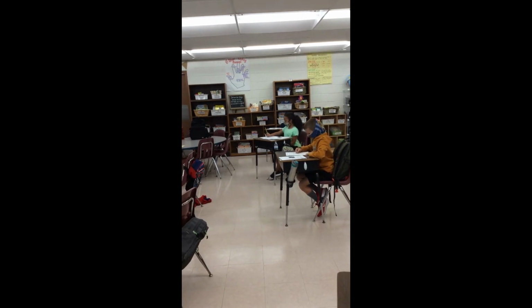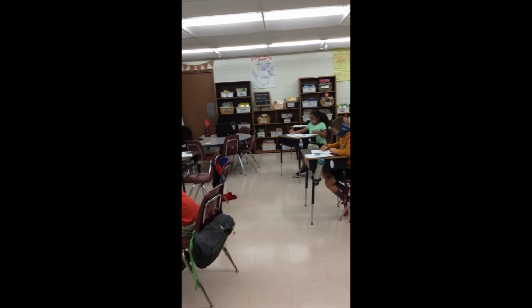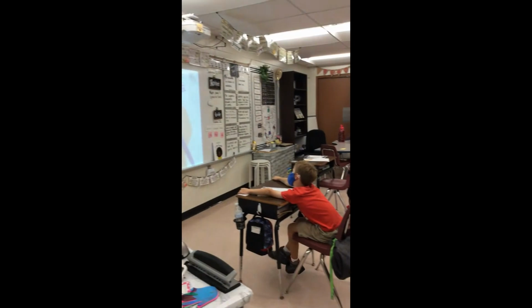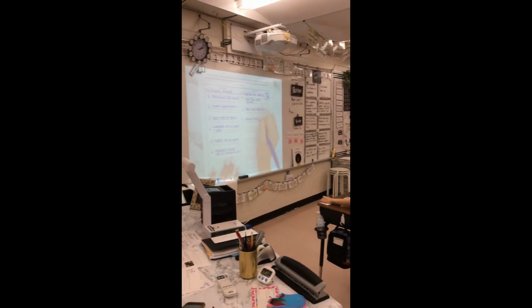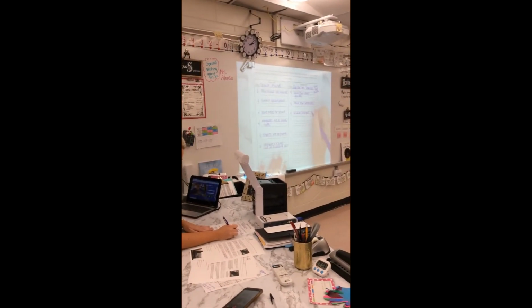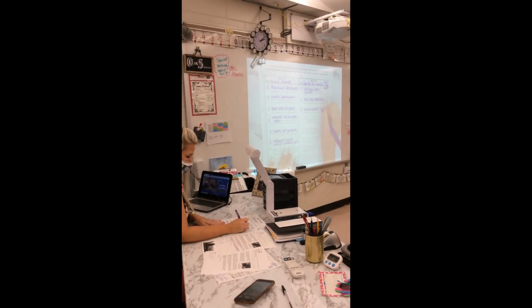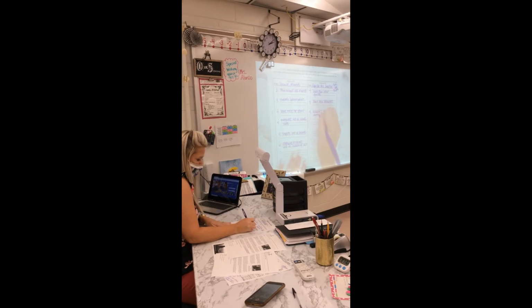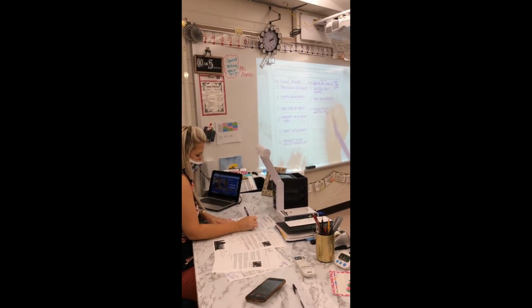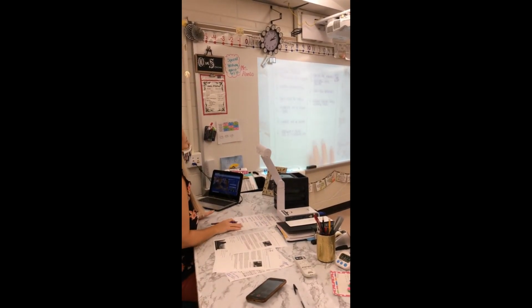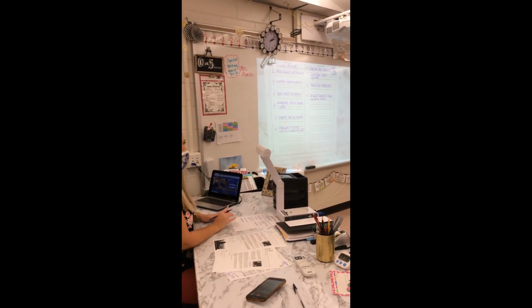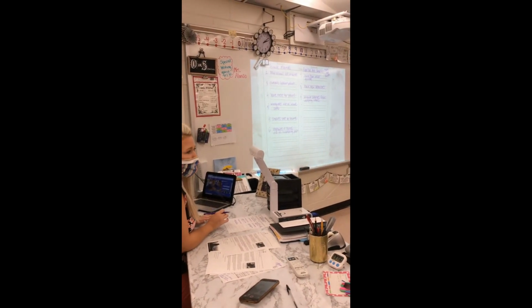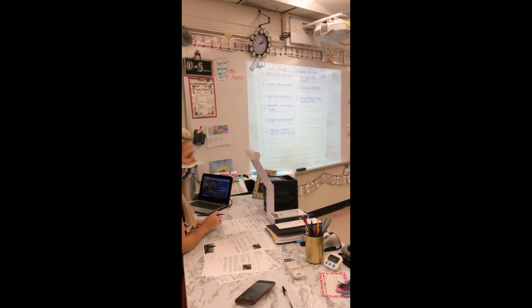Okay, so for 9, we're going to say behavior changes from watching others. Okay? Behavior changes from watching others. So real quick, a few little words to explain what it is that we have to write down.